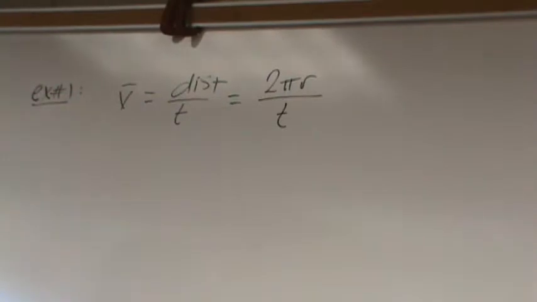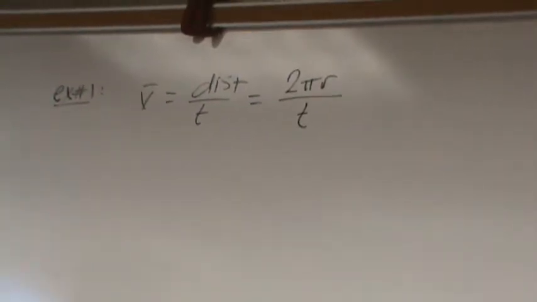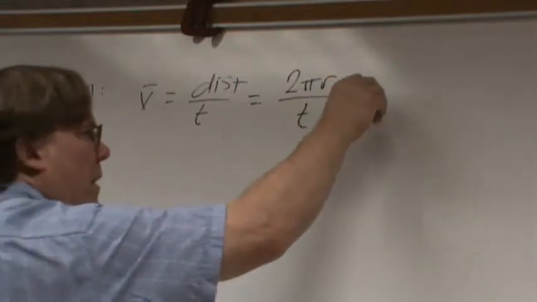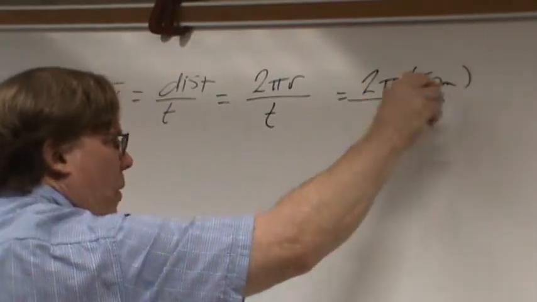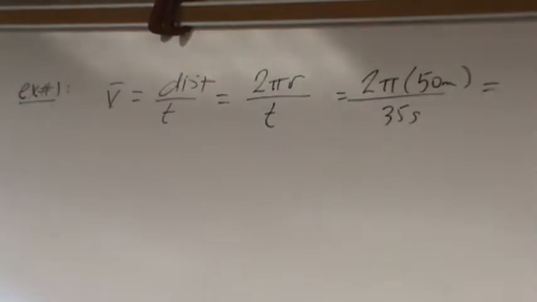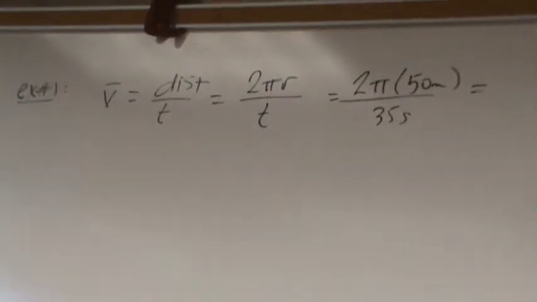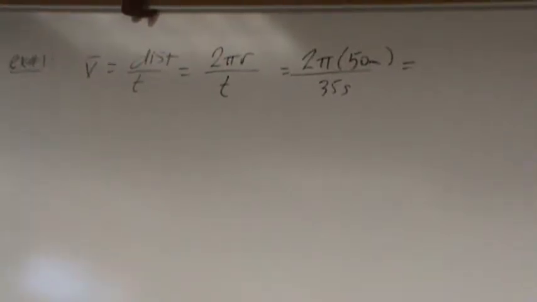And that's what's going to be true for all these problems. They're going to give you radius. They're going to expect you to find the circumference. So yeah, you're going to have to do 2 pi r. So in this case, it's 2 times pi times 50 meters over 35 seconds. And so when we do our division, it's 100 pi divided by 35.